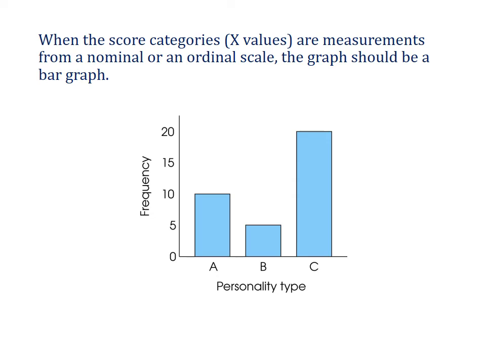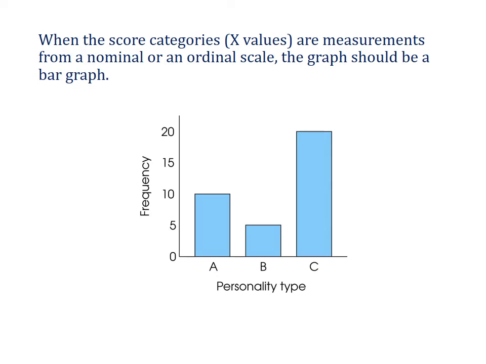The most important thing, mostly for the young researcher, to keep in mind: when the score categories, the x values, are measured on a nominal or ordinal scale, the graph should be a bar graph. For example, when you are collecting data using a nominal scale or ordinal scale, then the graph should be a bar graph, not other graphs.